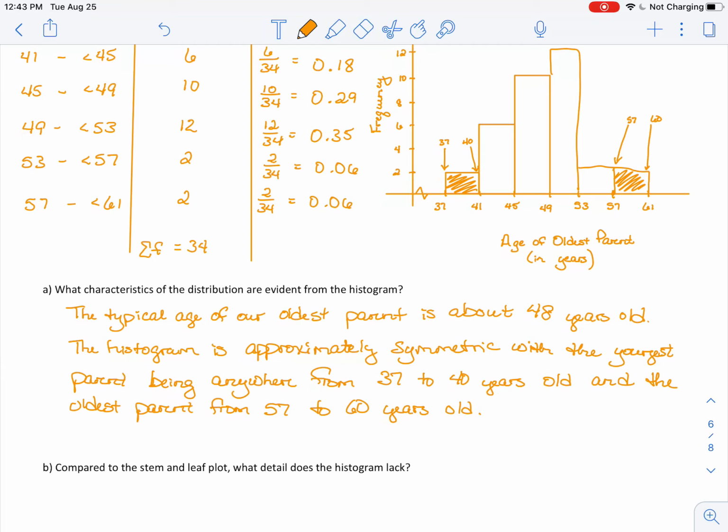We'll eventually get into talking about the range of the data set, and we'll have to be careful here saying what the range would be, because technically you cannot calculate a precise range given only a histogram.